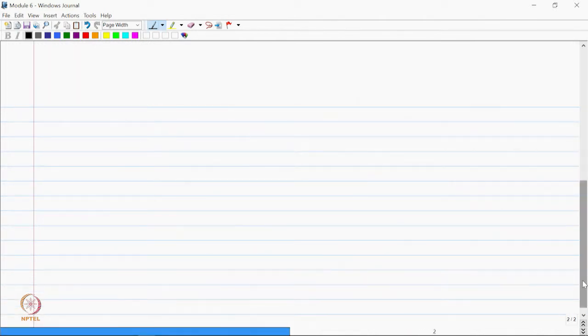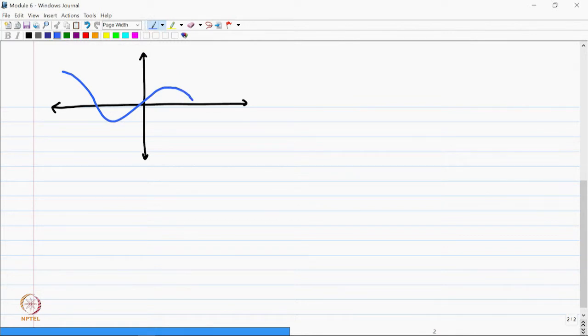So, these are fairly well known expressions, but it is good to think about them geometrically. So, what is happening is, let me just show a function. For simplicity, I will just take a few points.